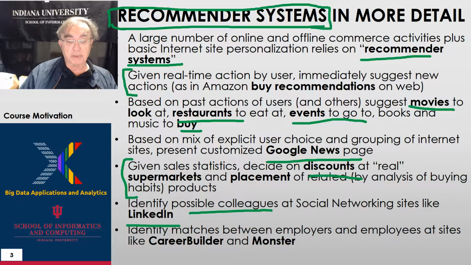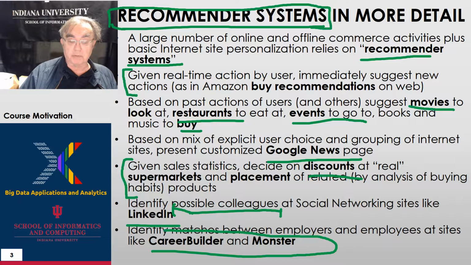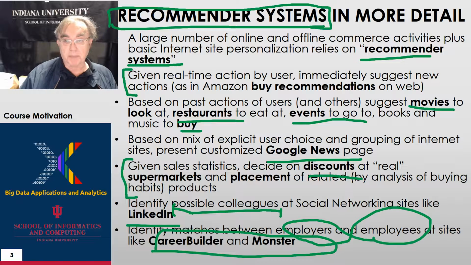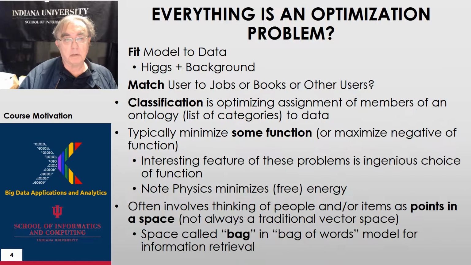I mean, LinkedIn is always sending me emails about people who I should match to, and so that's an example of identifying people they think are like me or I might be interested in connecting to. And Career Builder and Monster we mentioned already, matches between employers and employees. So this is the basic matching problem which recommender systems address.